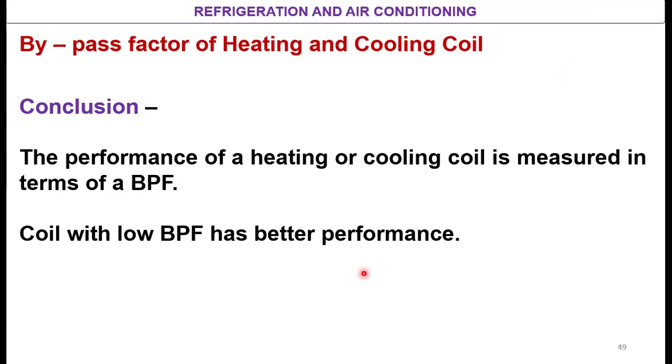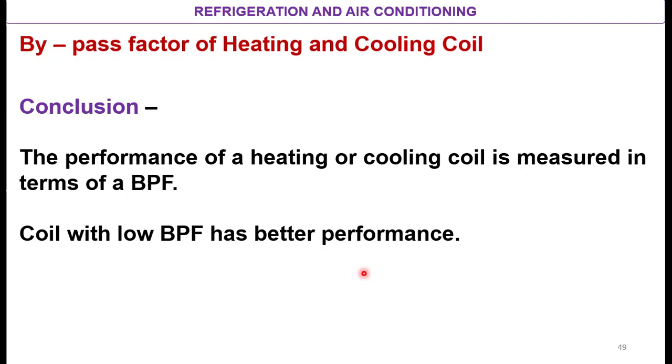So this is the conclusion based upon that discussion. The performance of a heating or cooling coil is measured by a term known as the bypass factor. And if you have a coil which possesses a low value of the bypass factor, it will have a very good performance.